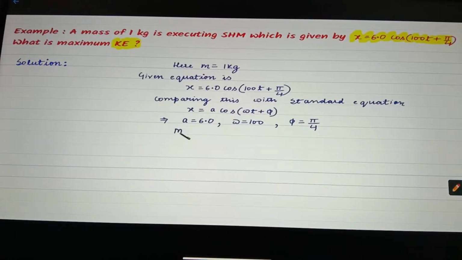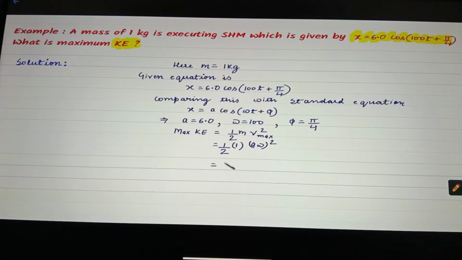And what we have to find here is maximum kinetic energy. That will be equal to half m v max square. So that is equal to 1 by 2. Mass is 1 and v max square is (a omega) whole square.